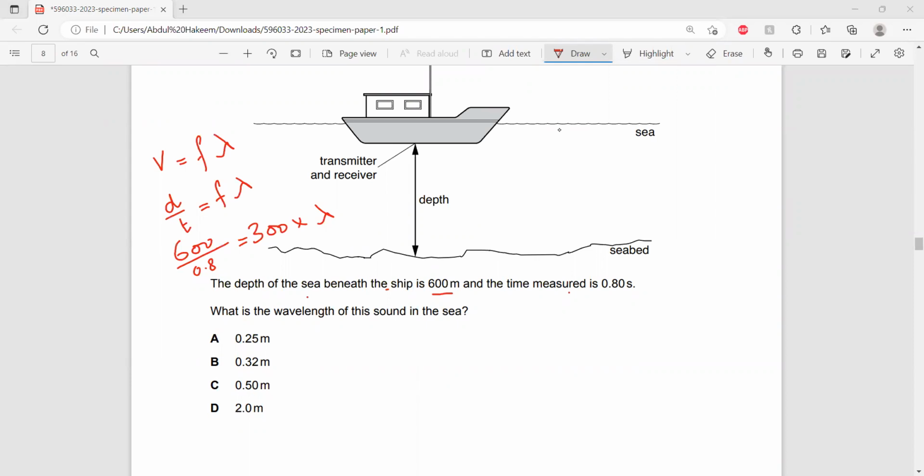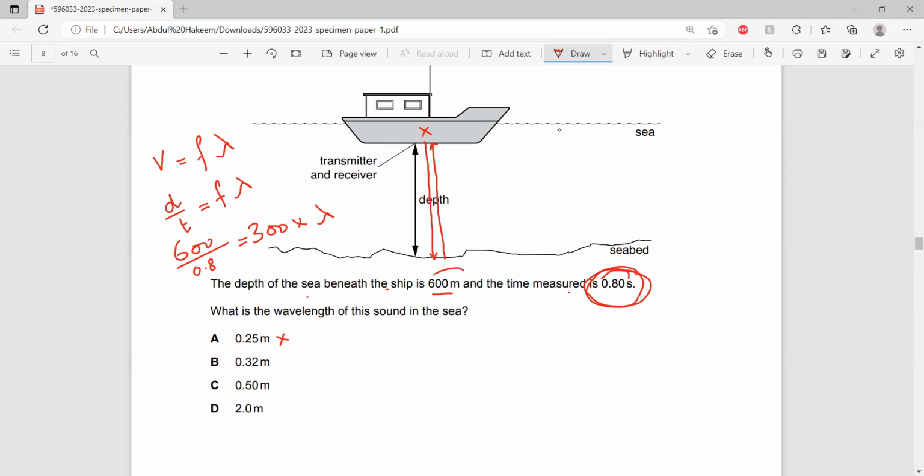So 0.25. A? No, this is not the answer. What is the mistake? Look, this time is measured by the instrument which is installed in the ship. So look at this. Sound is going down, then moving up. So this time is actually two-way time.